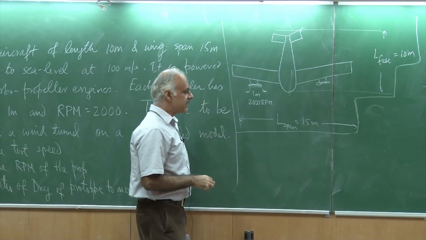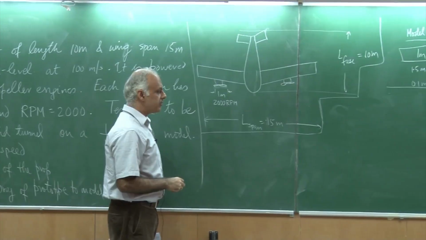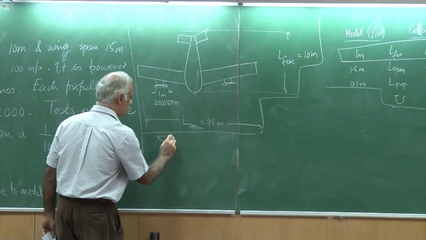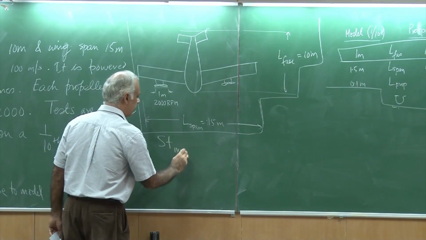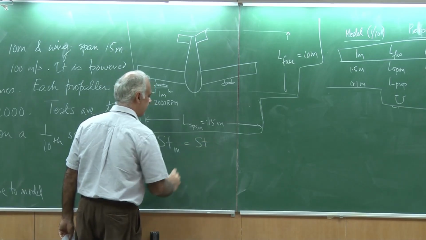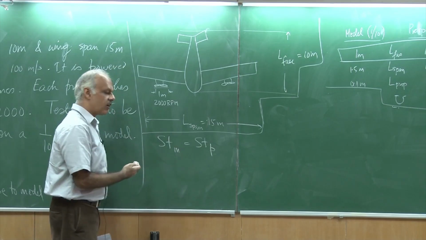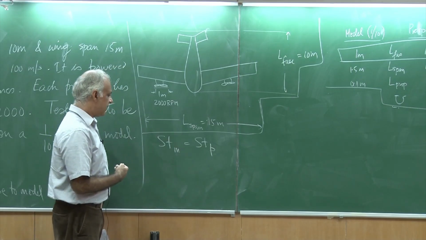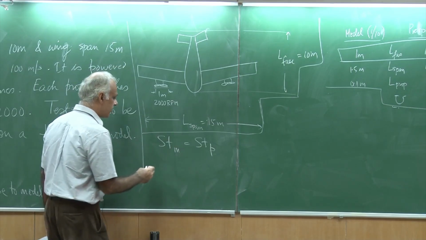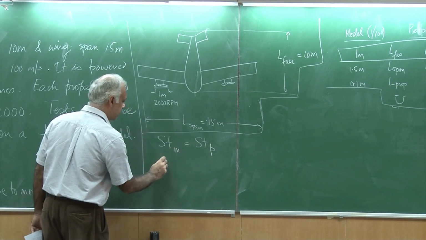Let us now determine the rate of spinning of the propeller. So the Strouhal number for the model should be the same as the Strouhal number for the prototype. As we did in the case of the pump in the last problem, we are going to write this in terms of the angular speed.